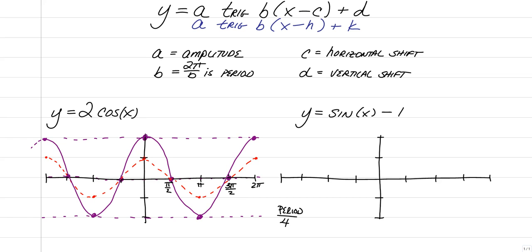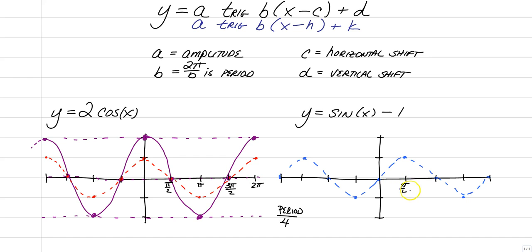The next example is a sine function. So I'm just going to, again, quickly sketch out what the parent function would look like, as we already talked about at the top. Since we don't have any change in our period, we're going to label the tick marks the same.